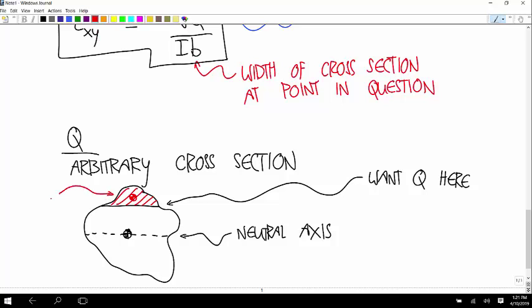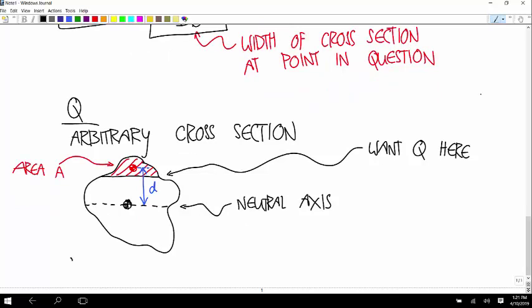This shaded region has an area A. And then calculate the distance from the neutral axis to the centroid of the shaded area. I'm going to call that distance D. Then Q is equal to the area times that distance D.